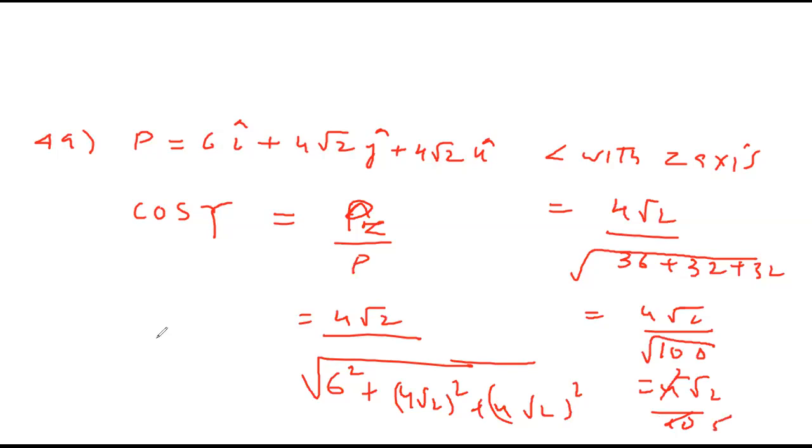So we are getting cos inverse of 2 root 2 upon 5. Therefore, gamma is cos inverse of 2 root 2 upon 5. Correct option.